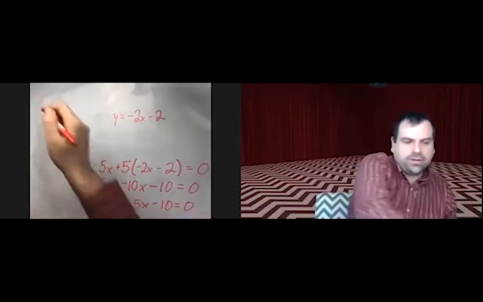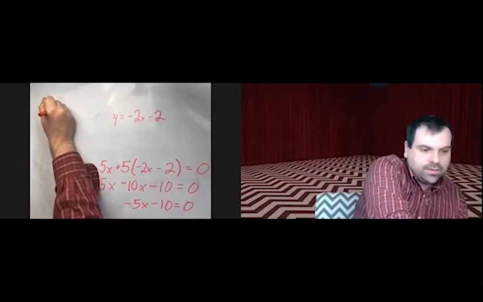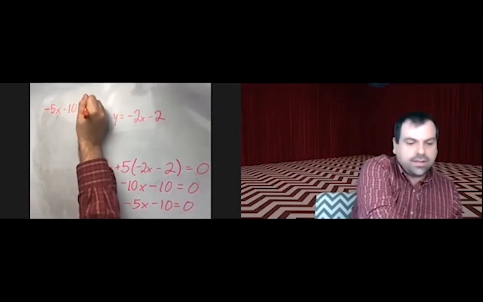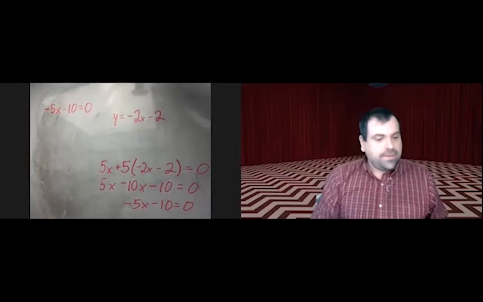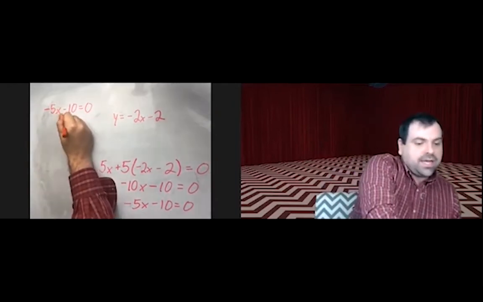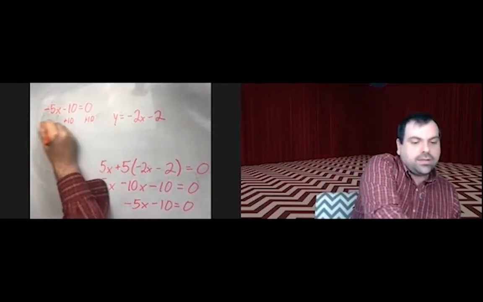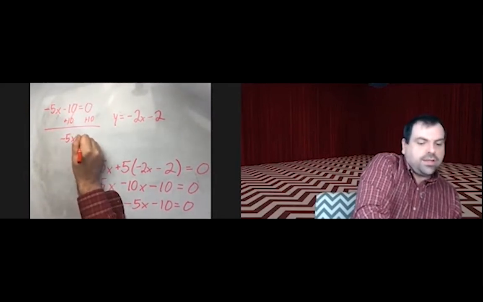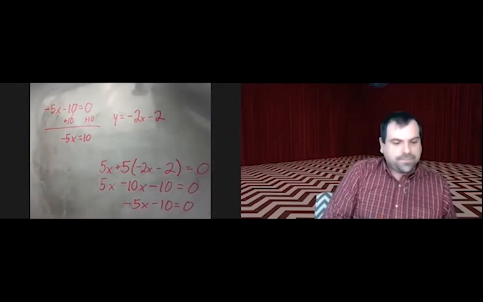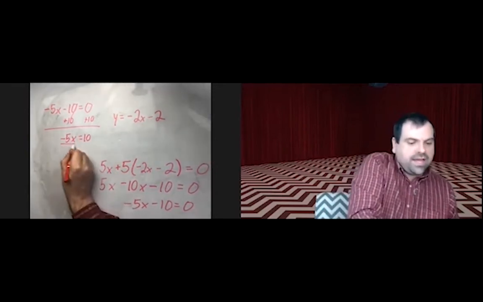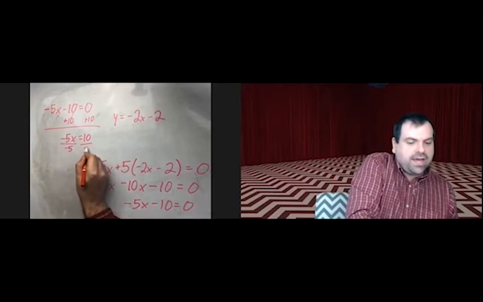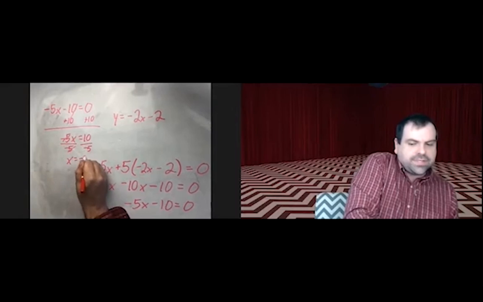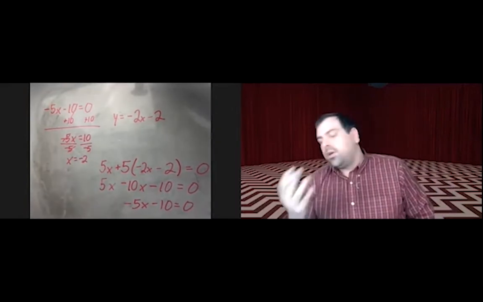I'm going to move it over here. -5x minus 10 equals 0. Add 10 to both sides. -5x equals 10. Divide both sides by -5. X equals -2. We're not done.